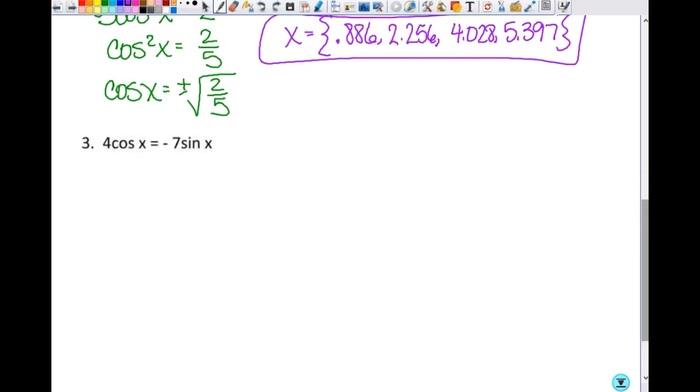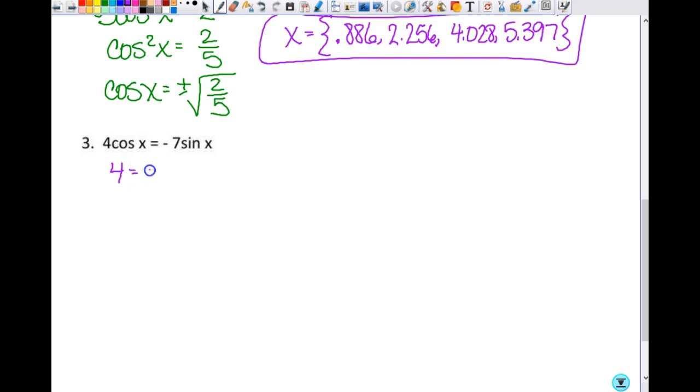I've got 4 cosine x and negative 7 sine x. And again, sometimes you end up factoring and you have 2 different functions in there, but this isn't going to be a factoring one. So I can divide by either cosine or sine, and I would get something I could use, right? Which one you want to divide by? Yes, yes. Cosine, okay. So I'm going to divide both sides by cosine.